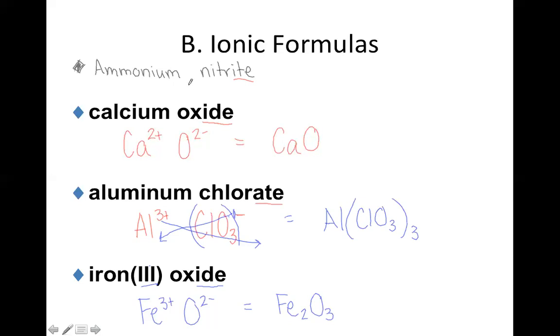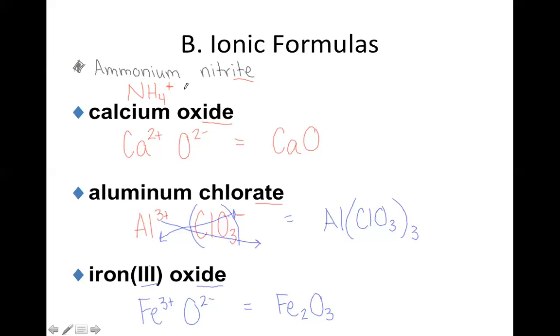So ammonium, if we checked our poly table, we would have NH4 is its symbol, and it has a positive charge, a 1 plus. And then nitrite, again, ITE tells us poly. IDE tells us monatomic ion.